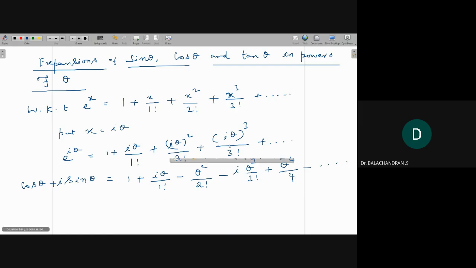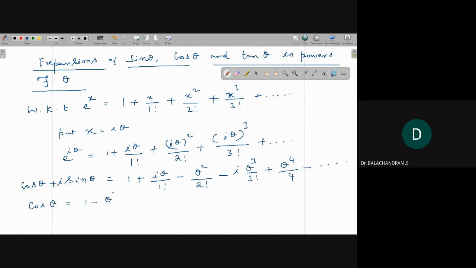Now if we compare the real and imaginary parts, we get cos theta equal to what? Cos theta is the real part: 1 minus theta square by 2 factorial plus theta power 4 by 4 factorial minus and so on.